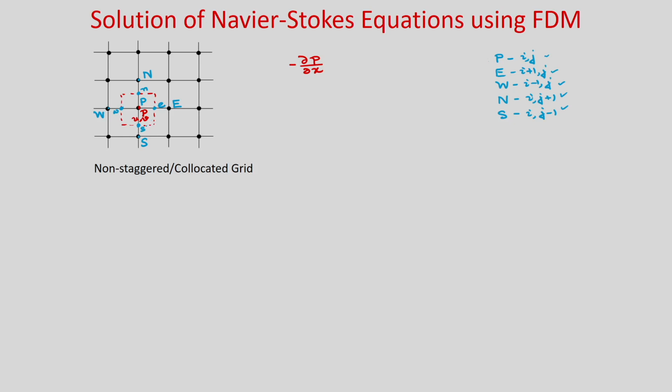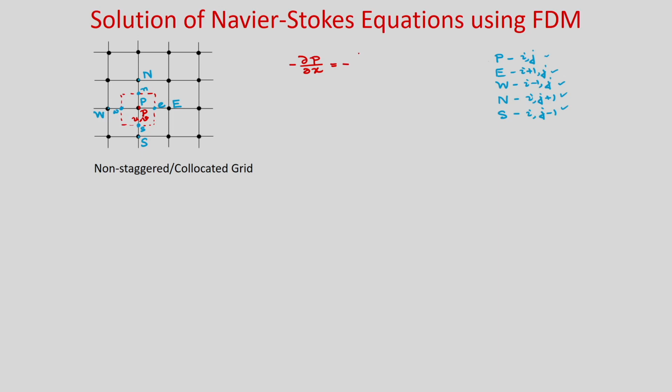Now, if you are going to get this pressure gradient, how will you derive it for this particular cell? It will be minus del p by del x. For this particular cell it will be P e minus P w, where the grid distance is delta x and this is delta y, and the distance between the east and west faces is delta x and this is delta y.